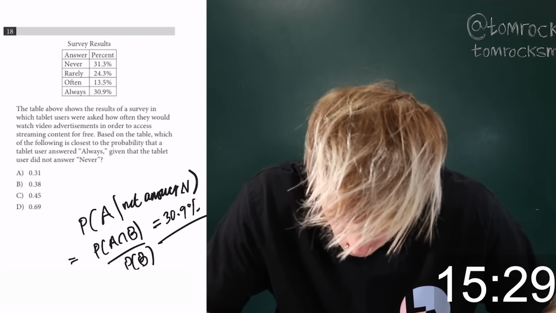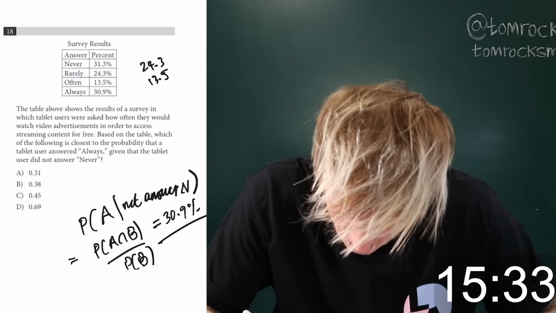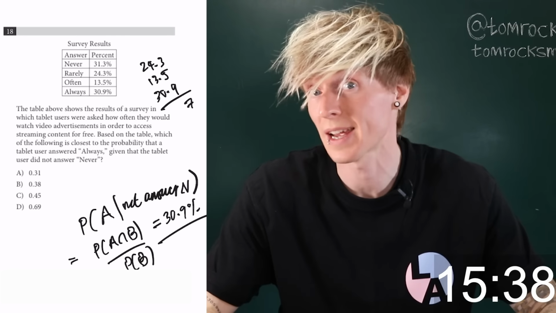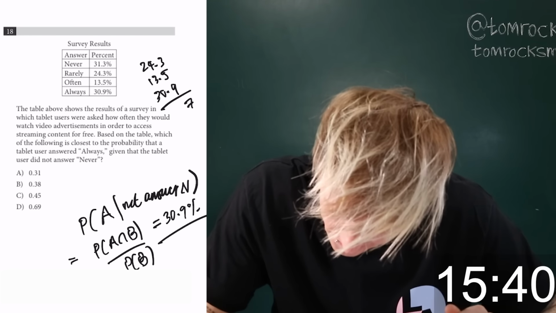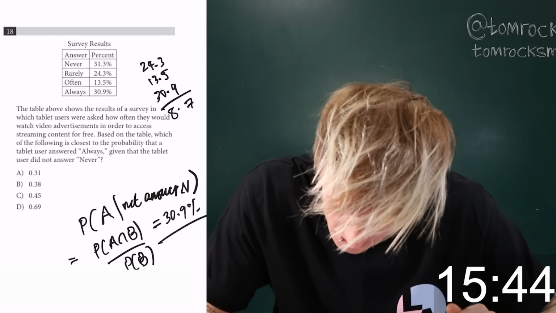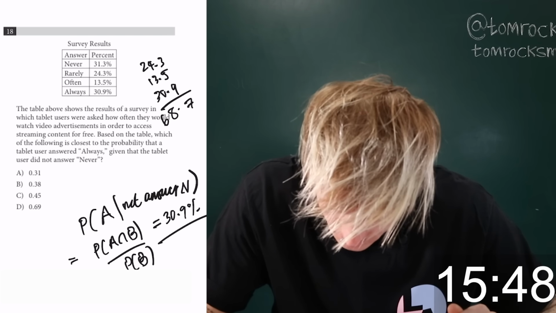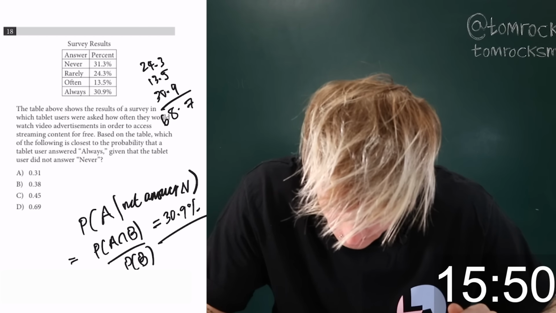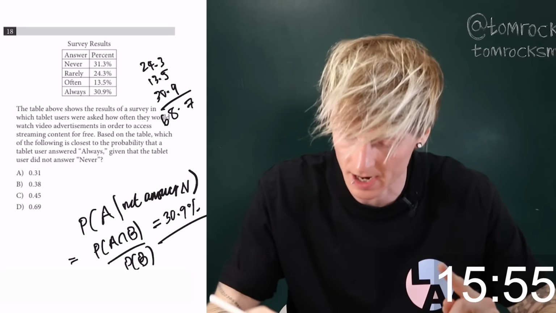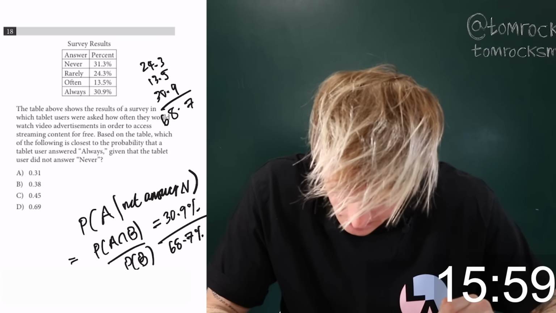So 24.3 plus 13.5 plus 30.9. I'd use a calculator, but mine's broken. That gives me 68.7. I agree with that from subtracting 31.3 from 100. So 30.9 out of 68.7%.